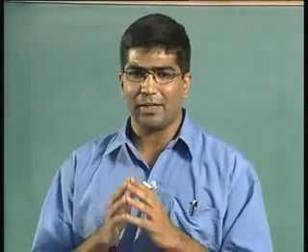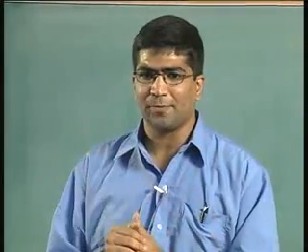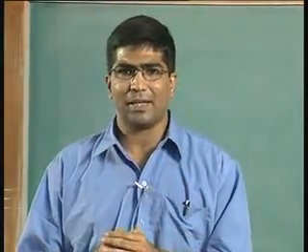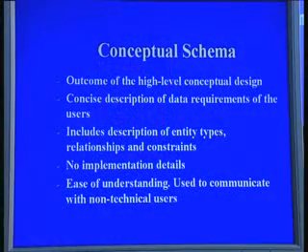And a very high level conceptual design would identify each of these data elements and say this is how they are related. So it includes a description of what we call entity types. These are the entities that make up the UOD. In a bank, the customer is an entity, an account is an entity, a ledger is an entity.